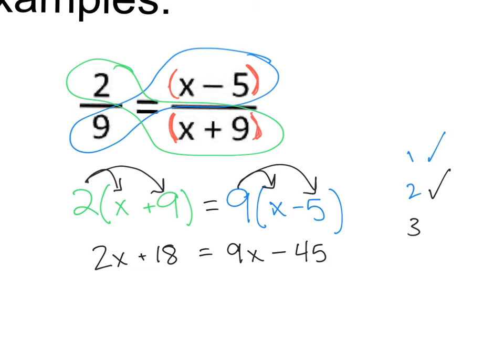Step 3 is to solve. We have to get all of our x's on one side. So I'm going to subtract 2x from both sides, which leaves me with 18 equals 7x minus 45. I'm going to undo this subtraction by adding 45 to both sides.